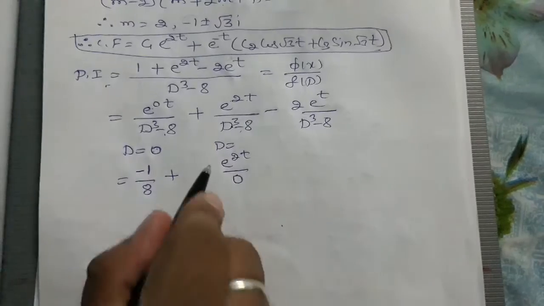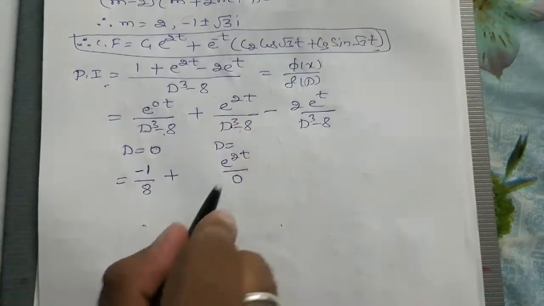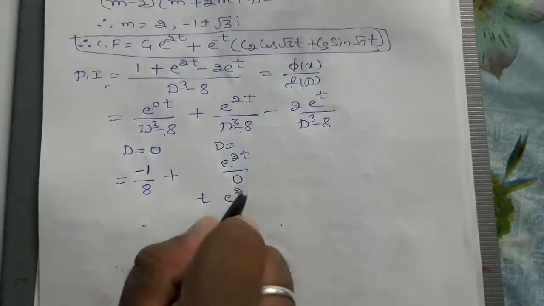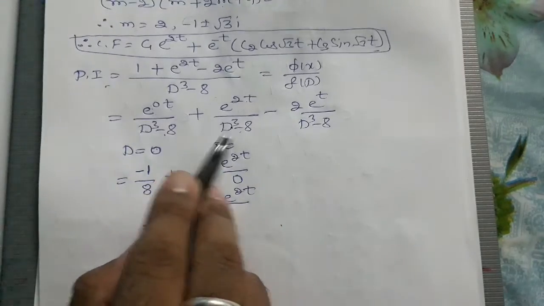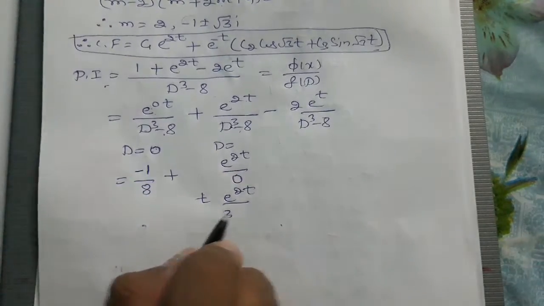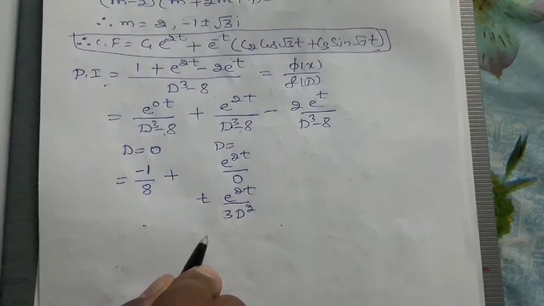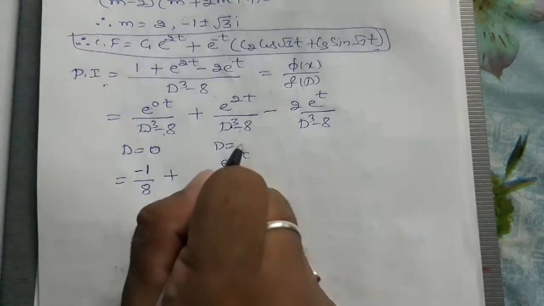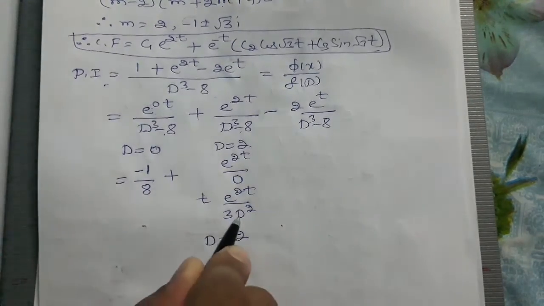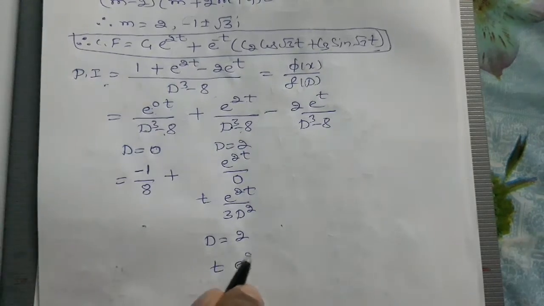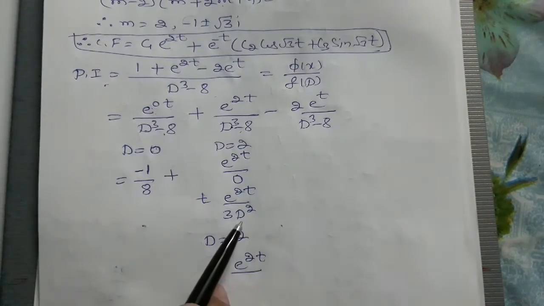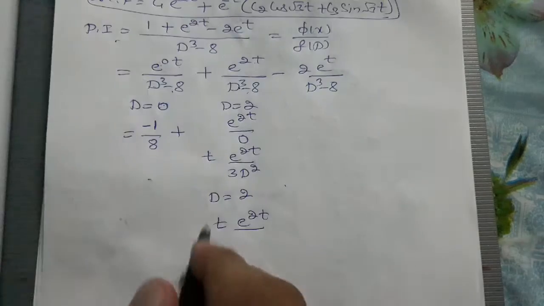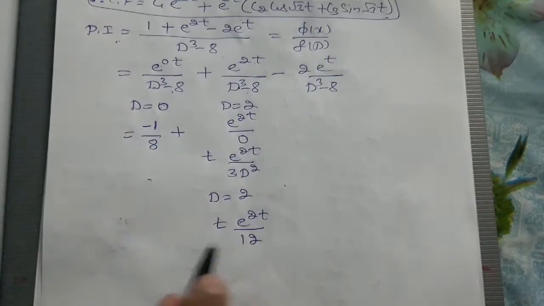We have to multiply by t in the numerator, I said so in the last problem. So t into e to the power of 2t and differentiate the denominator. What is the differentiation of D cube? That is 3D square. Now again you replace D by 2. So what do you get now? The answer is t into e to the power of 2t divided by 2 square, which is 4, 4 times 3 is 12. This is the second one's answer.